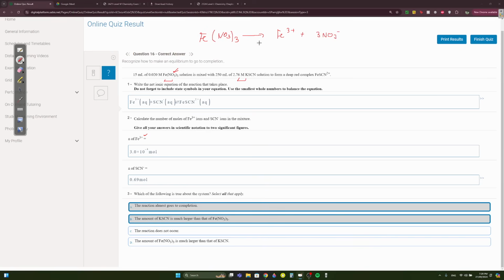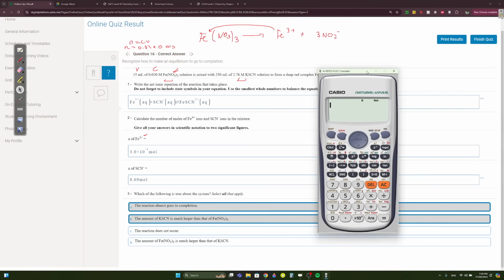So now what do we want? Fe. Since it has the same coefficient as the Fe here, they're going to have the same moles. How many moles do I have of FeNO3? Well, they didn't give it to you, but they gave you the volume and the concentration. You know, n equals CV. So let's just do it. n equals 0.02 times 0.015. What is 0.015? You make it liters.